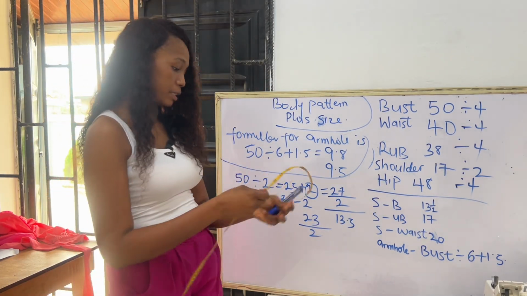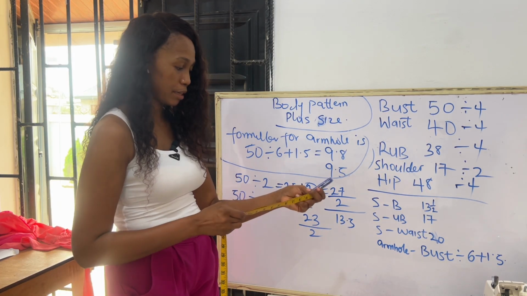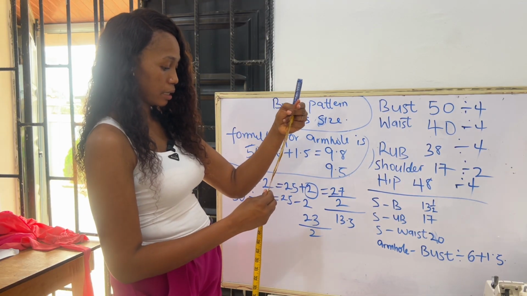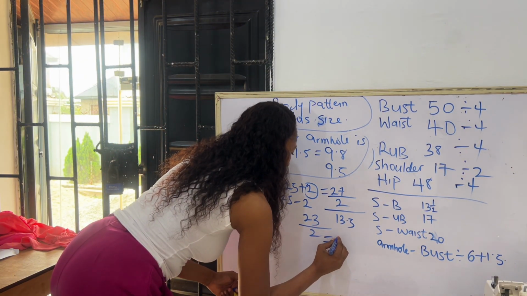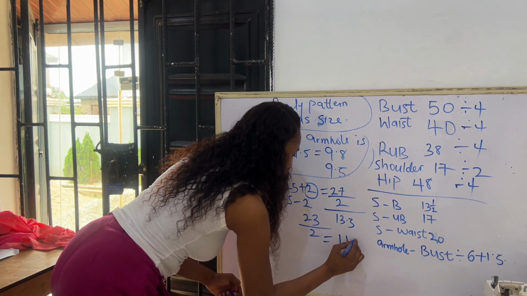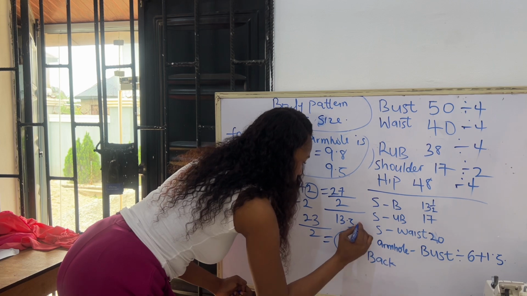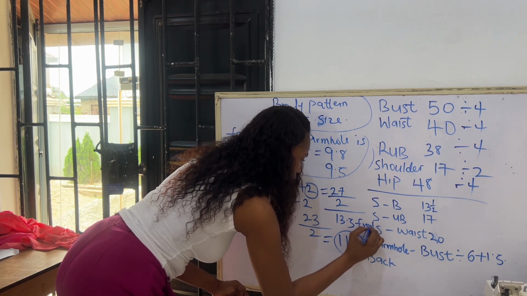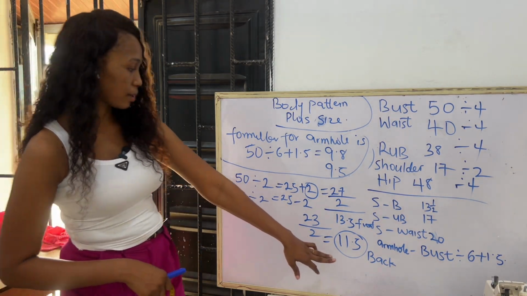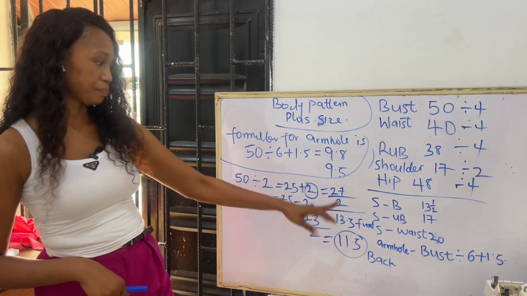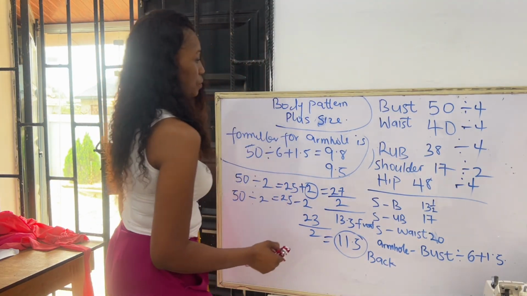So this is the formula for your plus size measurement. 23 divided by 2 is 11.5. So here is the back, while here is the front. I don't know if you guys understand what I'm doing right now. Here is the back, while here is the front. Having done this, I hope you understood what I'm doing here.